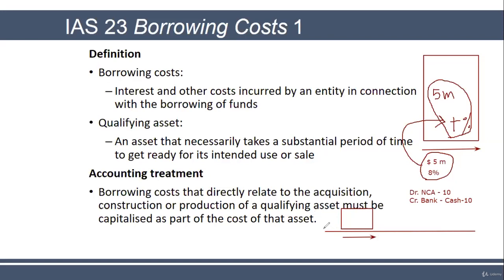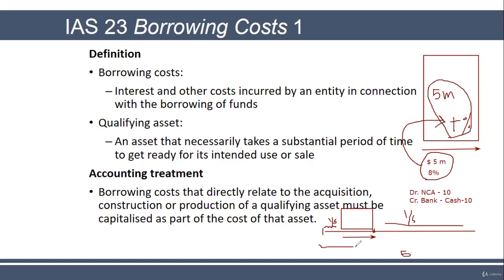Probably you took the loan here. For the first few months, you were not using it, the construction did not begin. So this will go to the income statement as interest expense. This will not go to the balance sheet, okay? Then you finish the construction and you start using the building. So in this part also you will pay interest because your loan total duration is 5 years.